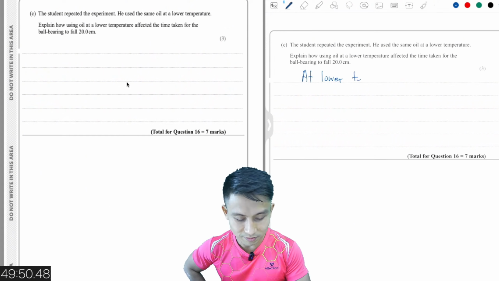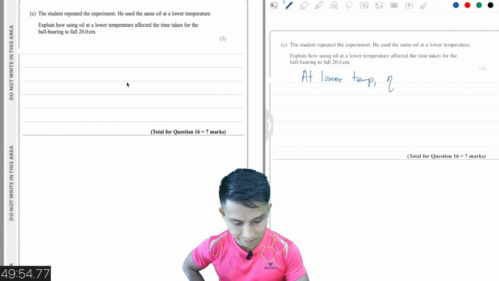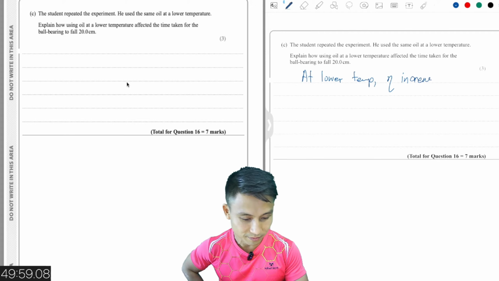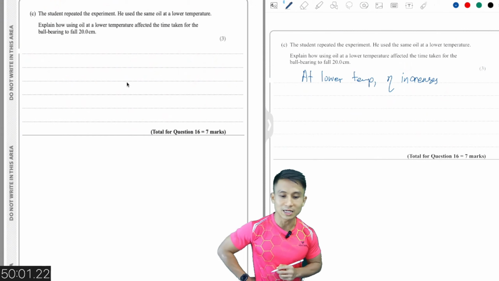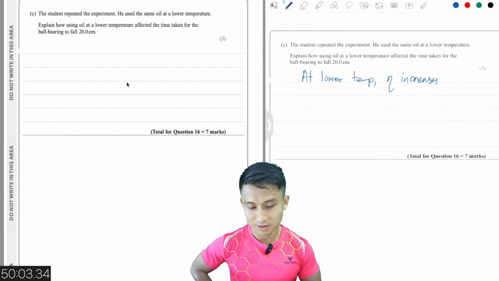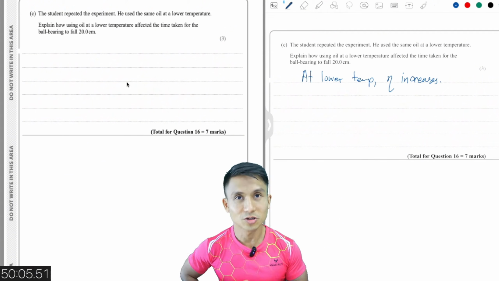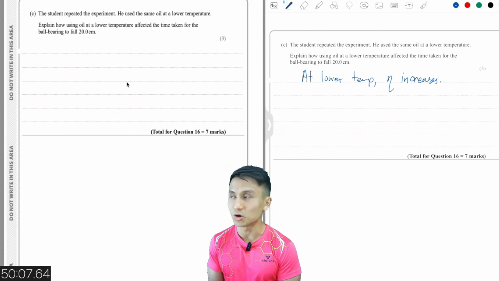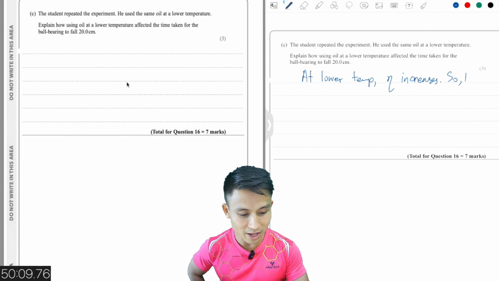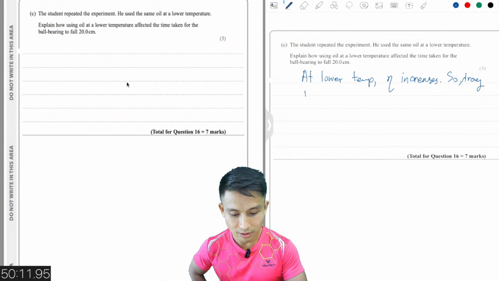At lower temperature, viscosity, which is the nu here, increases. It's going to get more viscous. Yeah, the viscosity of the oil will increase. So that would give you more drag. So drag increases.